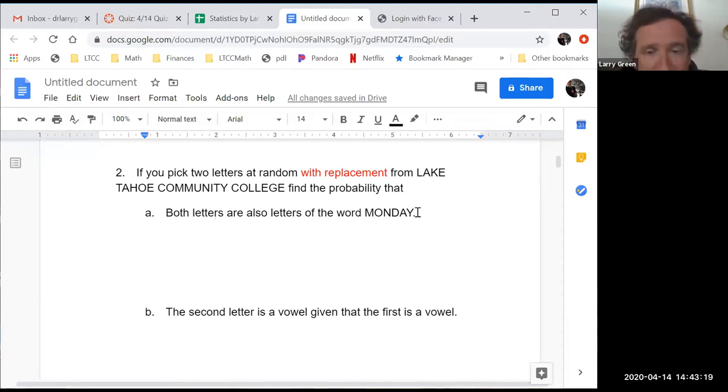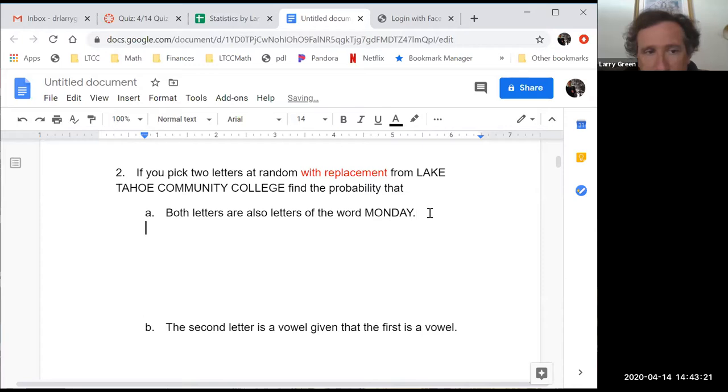So first thing, in symbols. We want the probability of, I'll call this M for Monday. Call it M1 and M2, where M1 means the first letter was from the word Monday, and M2 means the second letter was from the word Monday.